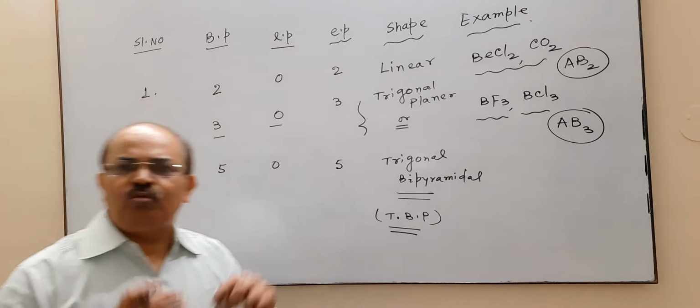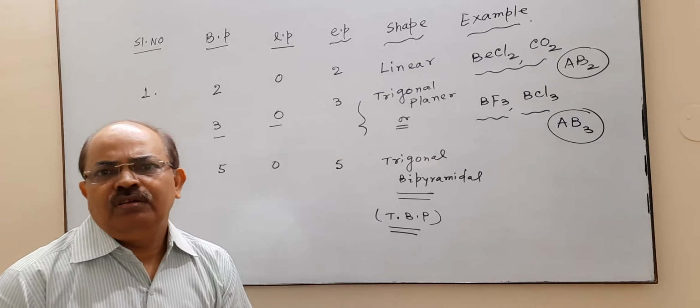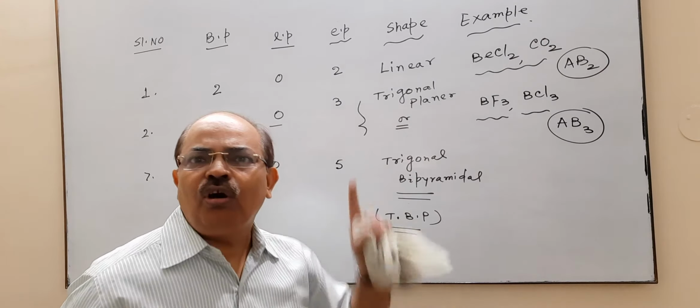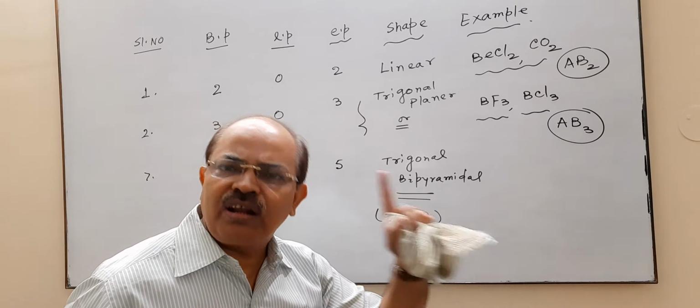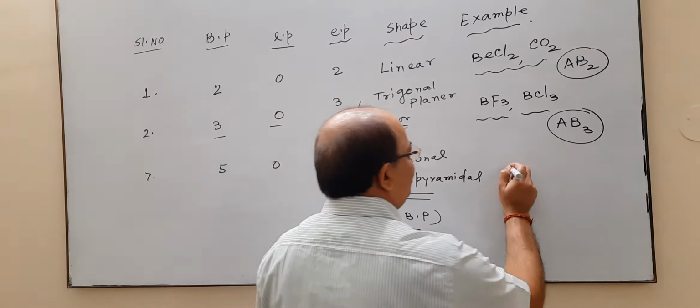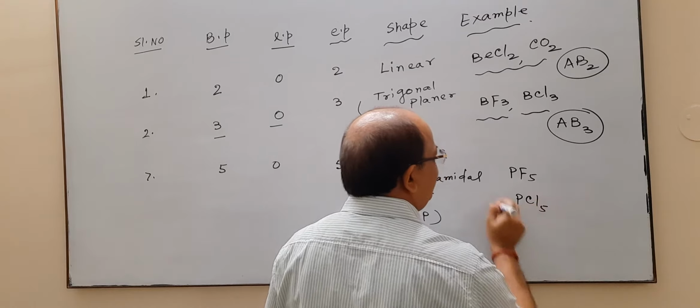You can also say trigonal bipyramidal as triangular bipyramidal. So whether you say trigonal bipyramidal or triangular bipyramidal, both are same. Example is your PF5, other example is your PCl5.